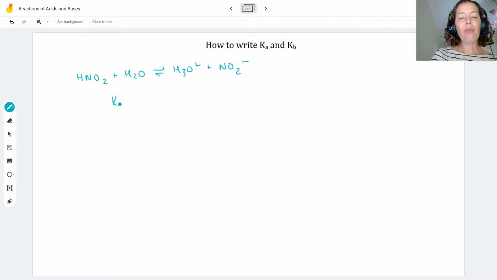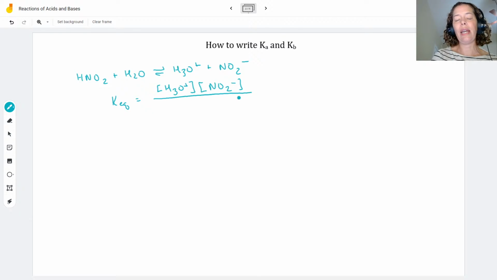If you remember writing equilibrium constants, it is the concentration of the products. I have two products, hydronium ion and the nitrite anion, over the reactants, which is our nitrous acid and our concentration of water.